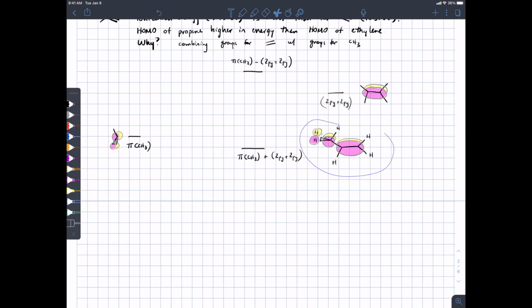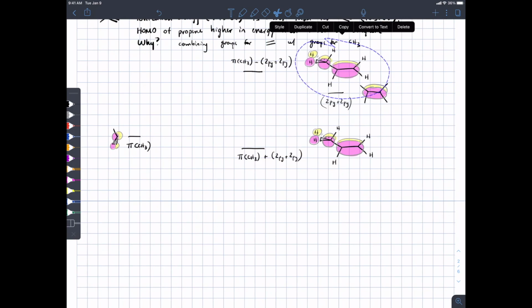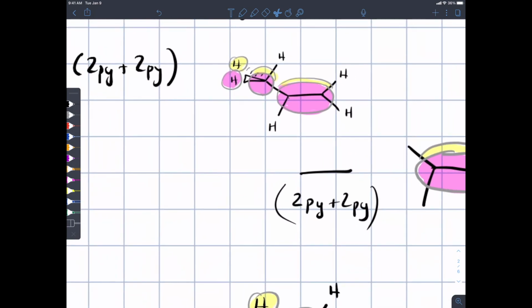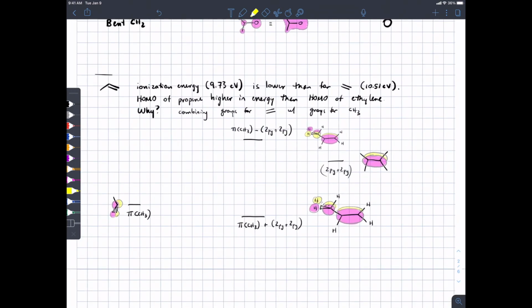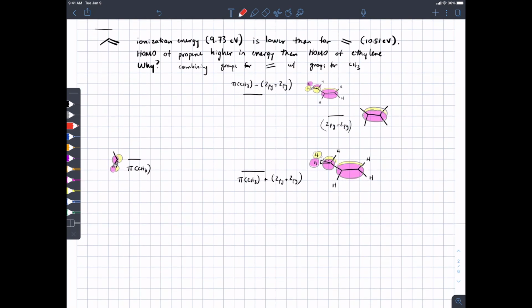And then this would be the out-of-phase combination. All right. And when bringing together these two orbitals, they would both be full of electrons.